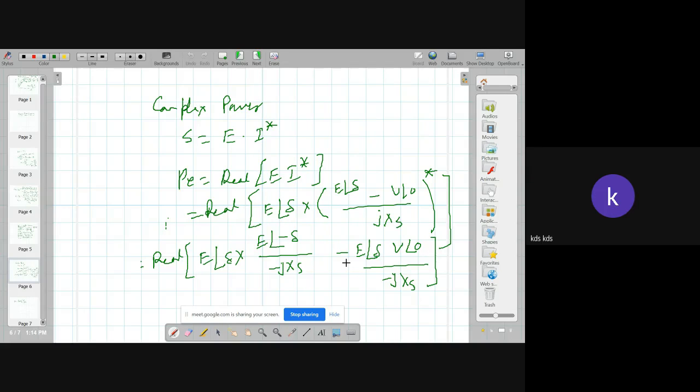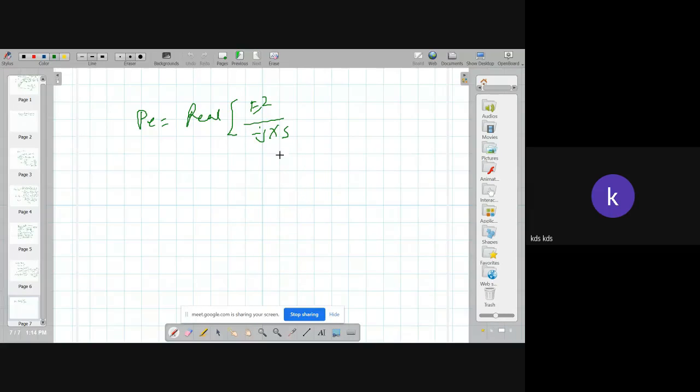So it becomes minus j E angle delta V by XS. So this becomes minus j EV by XS, and the angle delta is written as cos delta plus j sine delta.